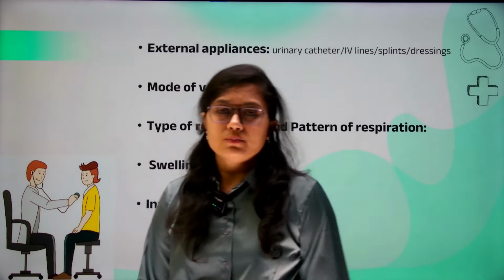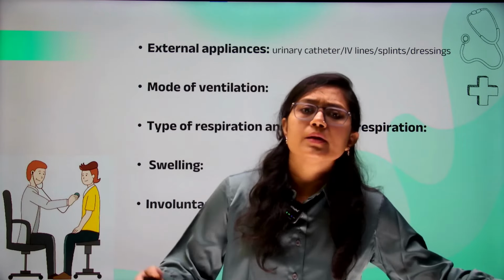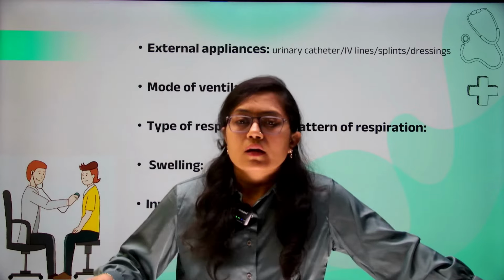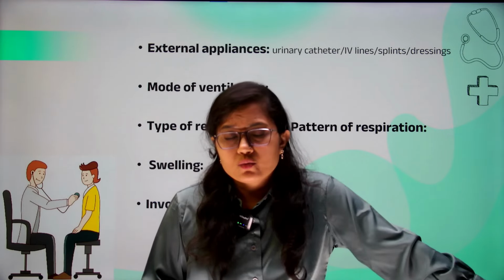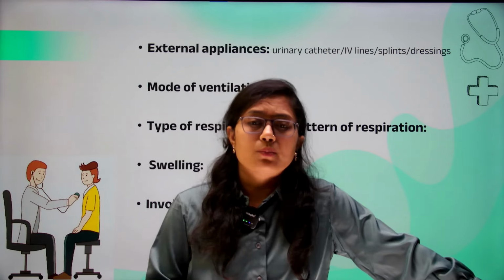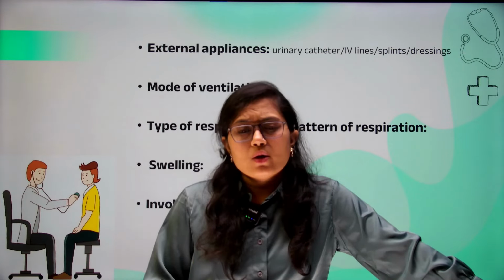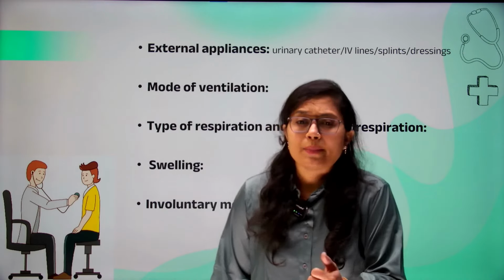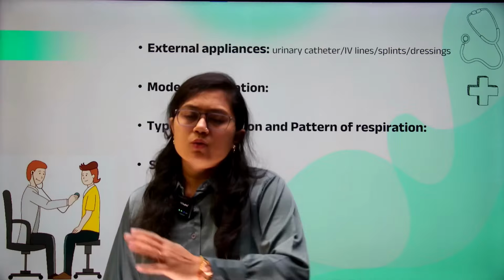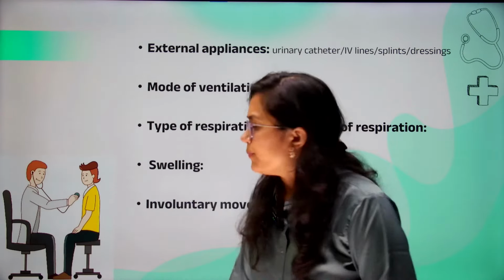This is most important in neurological conditions, as respiration also, depending on the condition, is somewhat subsided. So we need to know whether the patient's respiration is proper or not, whether it's a normal abdominothoracic, thoraco-abdominal, or any abnormal breathing pattern, like Cheyne-Stokes breathing or paradoxical breathing. We'll get to know the different types of abnormal breathing patterns in later lectures as well.